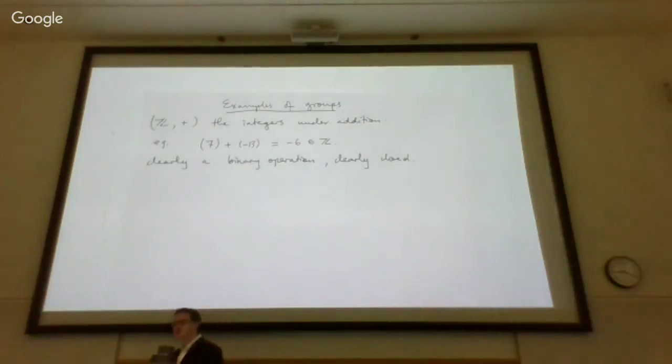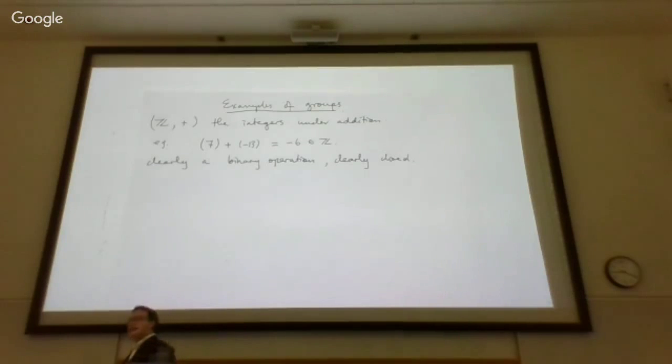Is it associative? Yeah, it's associative. When you add together three integers, it doesn't make a difference in what order you evaluate. Whether you add the first two together first, and then add on the third, or whether you add the second and third first, and then add the first to that. Okay?